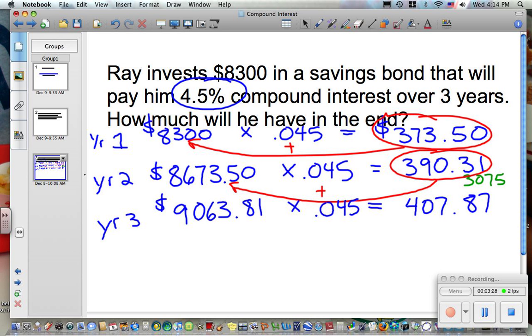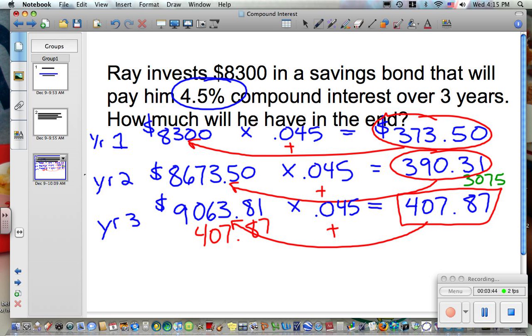At this point, we're almost finished. Now, we just have to take our final amount of interest, $407.87, and add it to our principal amount for this year, and we end up with a total of $9,471.68.